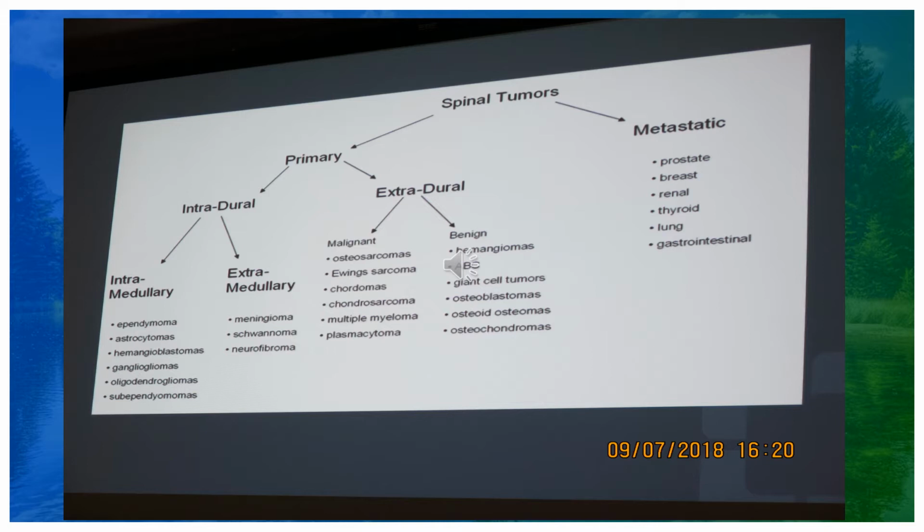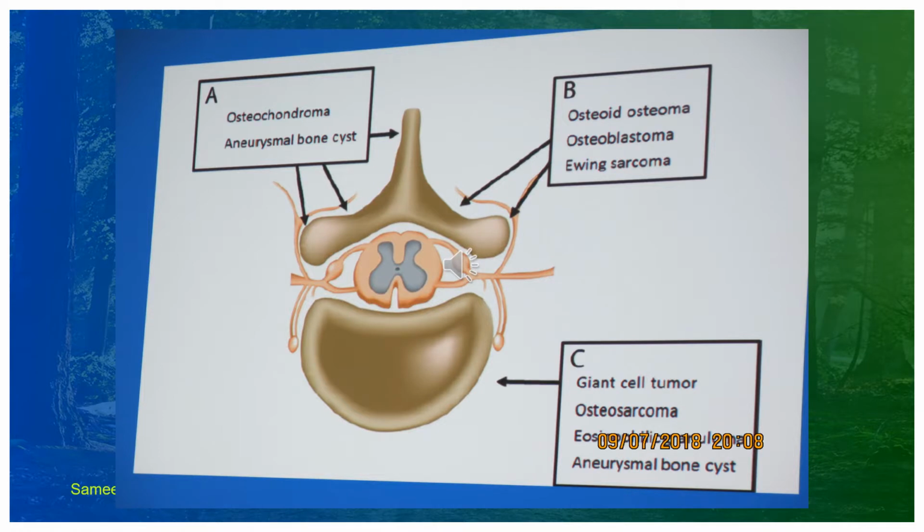Intradural tumors are of neurosurgical concern, and we will not discuss them further here. I think you can follow your neurosurgical lectures regarding intradural tumors, whether they are extramedullary or intramedullary.